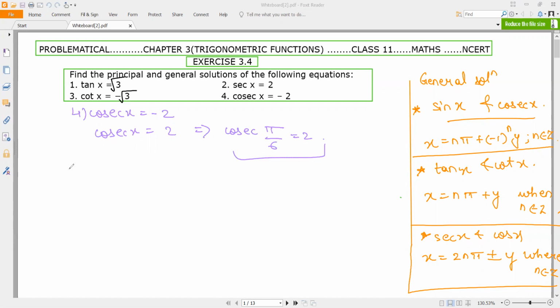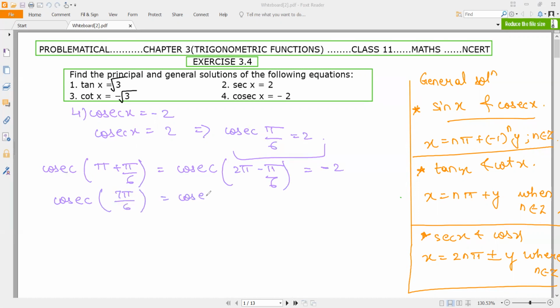We need third and fourth quadrants. So cosec of the third quadrant, π plus π/6, equals cosec of 2π minus π/6. These two values will be equal to minus 2. So solving this, you have 7π/6 and, for the fourth quadrant, 11π/6, which will be equal to minus 2.